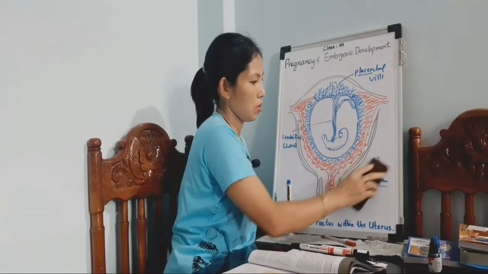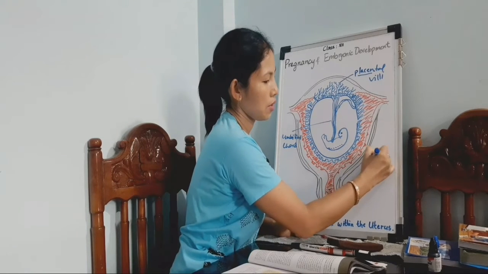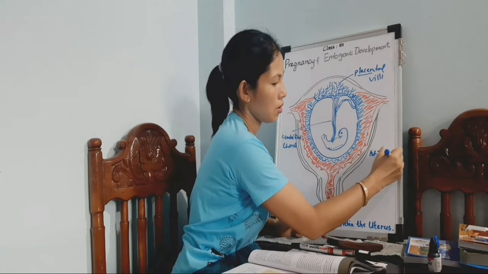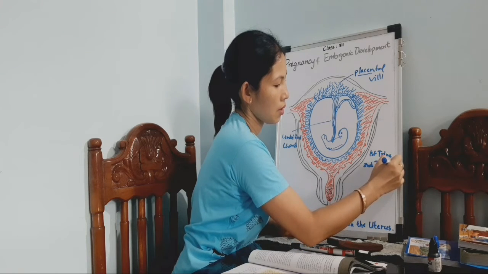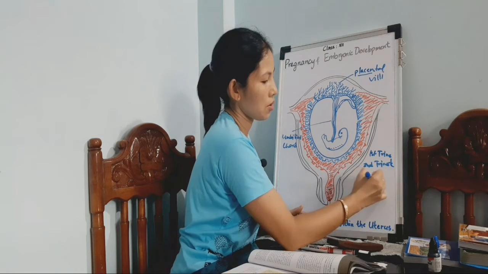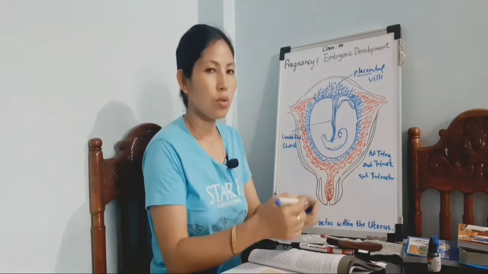So those are, you can say, the first trimester, second trimester, and third trimester. So first, second, and third trimester are divided into 3 months each. As soon as the first month of pregnancy is over, there is the development of the heart.